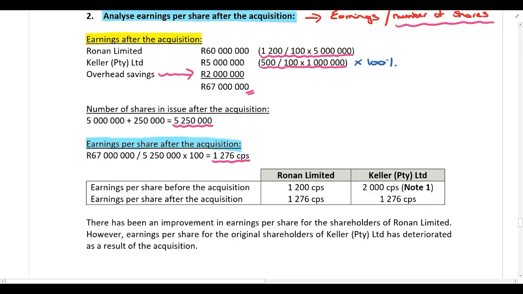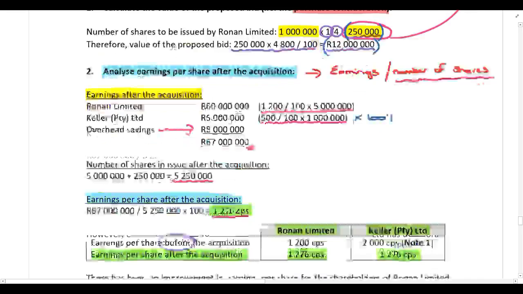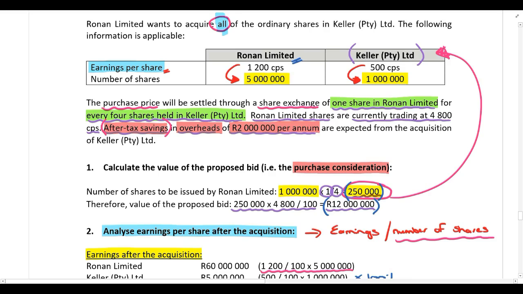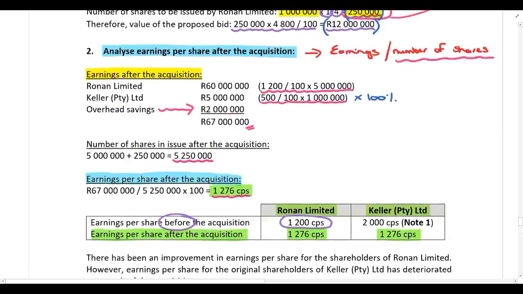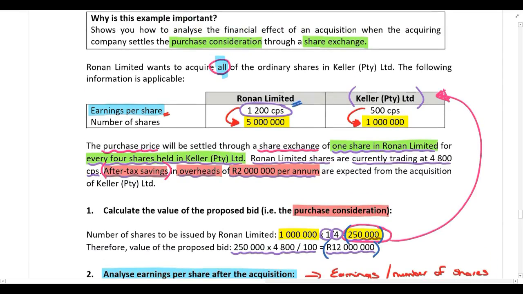So if we look at this from the perspective of Ronan Limited and also Keller Pty Limited, we have the earnings per share after the acquisition. We calculated that above. Then, before the acquisition, Ronan Limited had earnings per share of 1,200 cents, so you can just bring that down. However, for Keller Pty Limited, guys, you need to be careful.